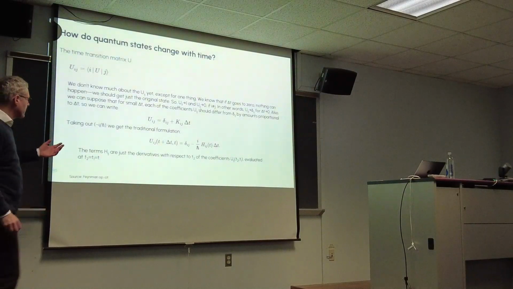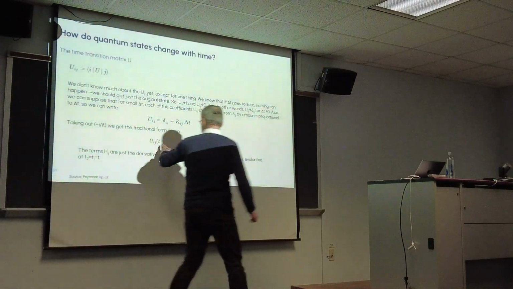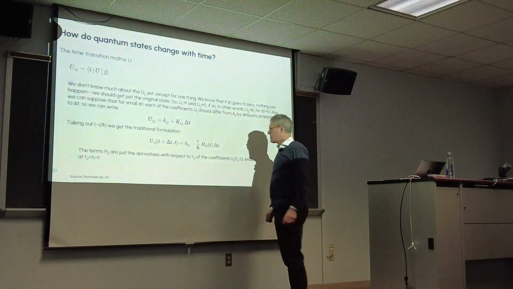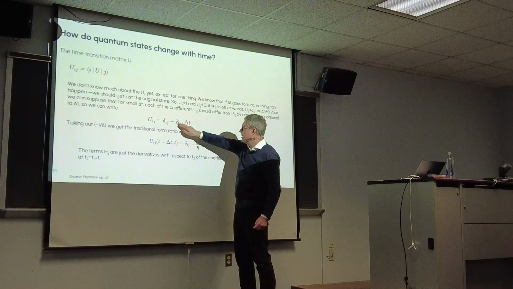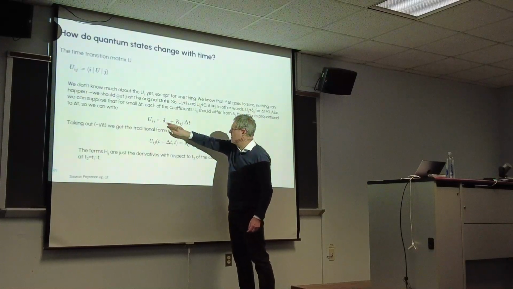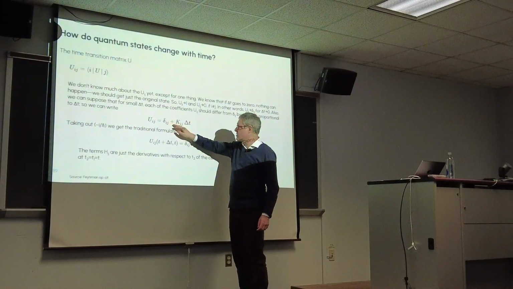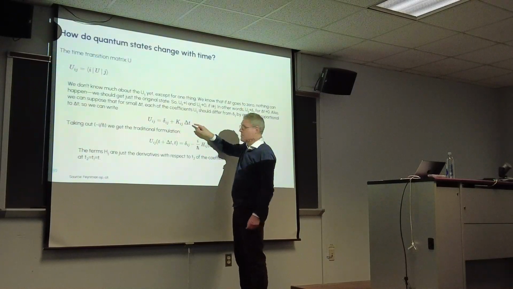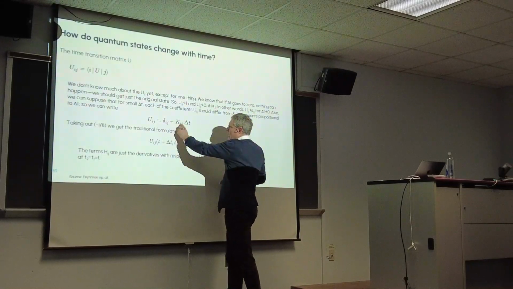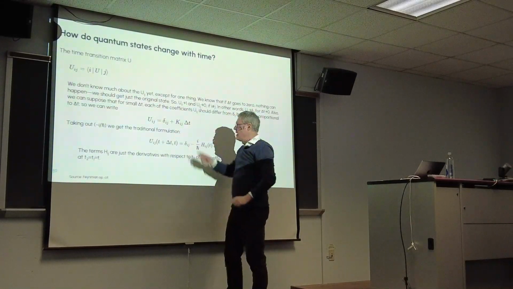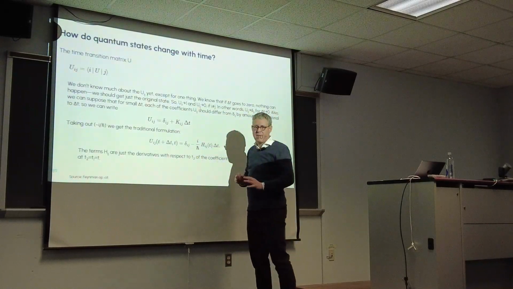Only with the tricks of infinitesimal calculus can you say, if the time is changing only a very little bit, then I can add this very little bit to each cell. So to cell 1, 1, I now add, this is a 1 because i and j are the same, a little bit of something multiplied by a little bit of time. And to 1, 2, which is 0, I also add a little bit of something, and so on. So this is another matrix, which is, so to speak, added to the time matrix.